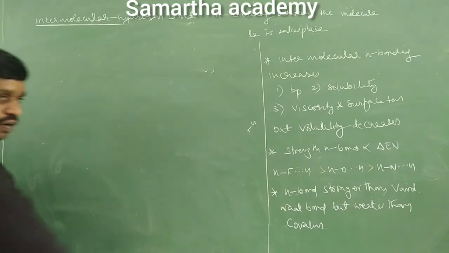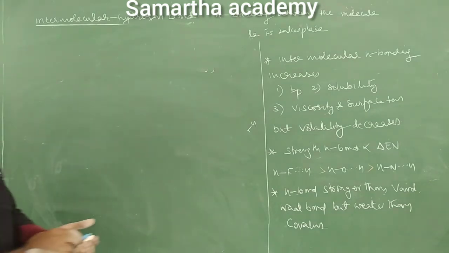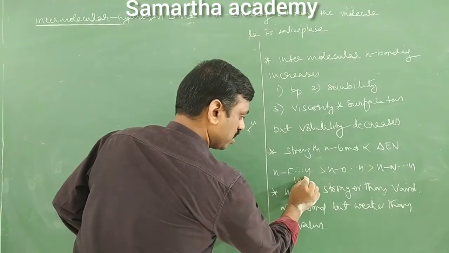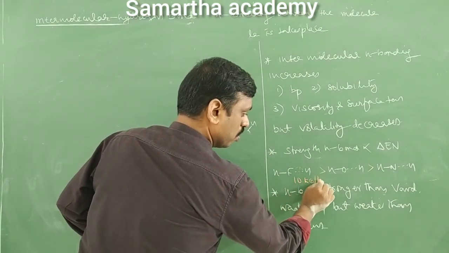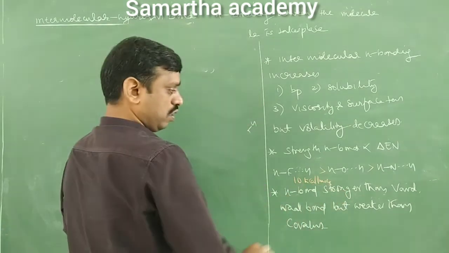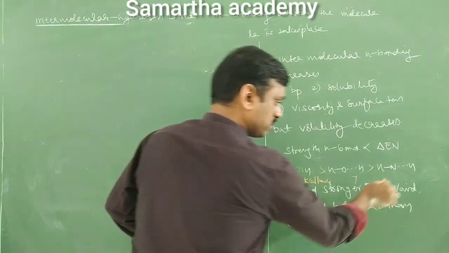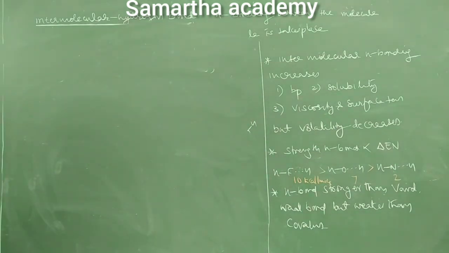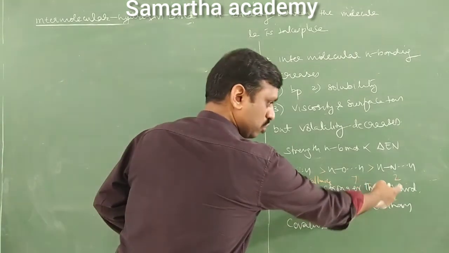Next, bond energy. The bond energy of these bonds, here this HF bond is approximately 10 kilocalories per mole, whereas this one is 7 kilocalories, and this is approximately 2 kilocalories. That means what is the order of bond energy in H bond? 10 to 2.